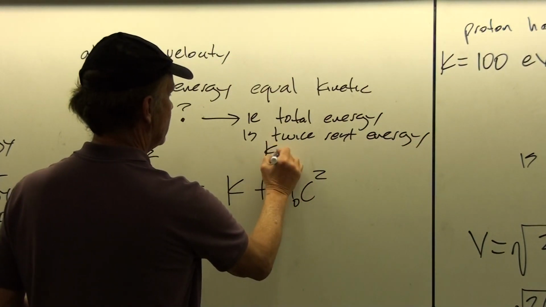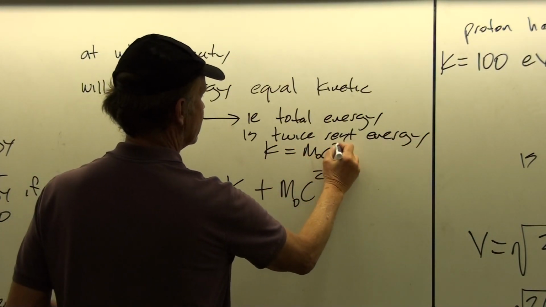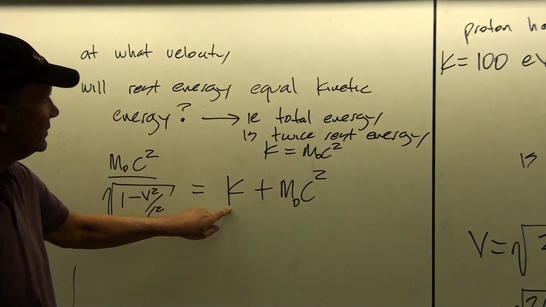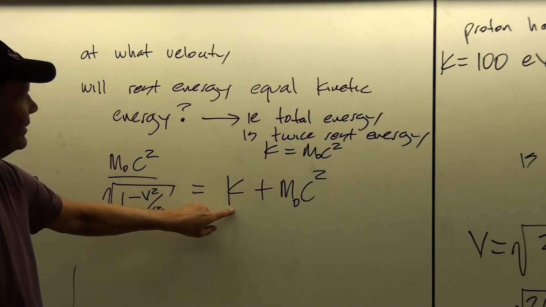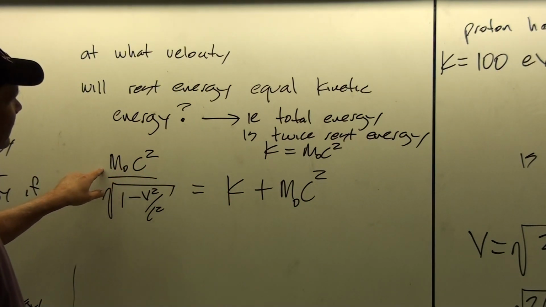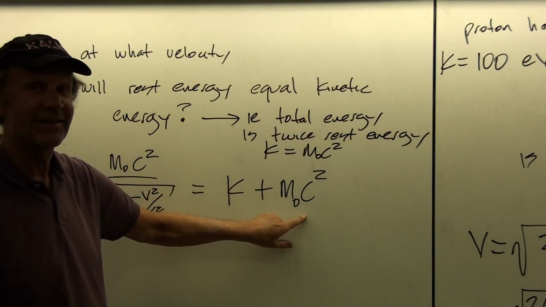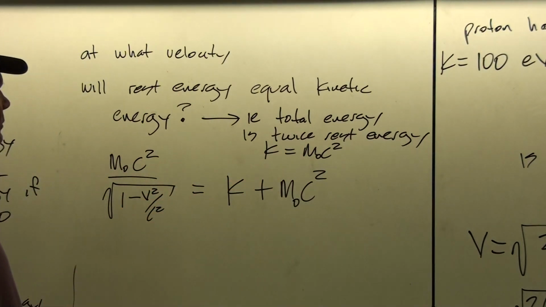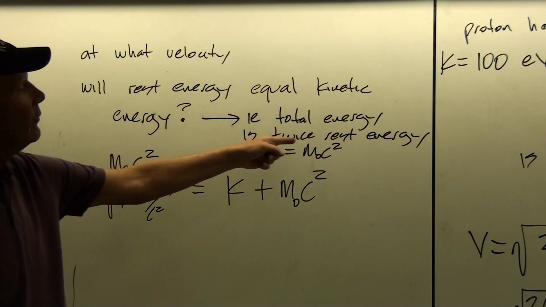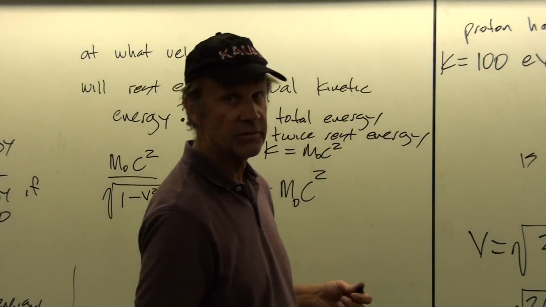Because k must be equal to m naught c squared, so we can just rewrite this as 2 m naught c squared. Now why not 2k? Well, because I have a common factor of m naught c squared on the other side of the equation. So it's going to make more sense to write the kinetic energy in terms of m naught c squared if I want to solve for my only unknown, which is the velocity.